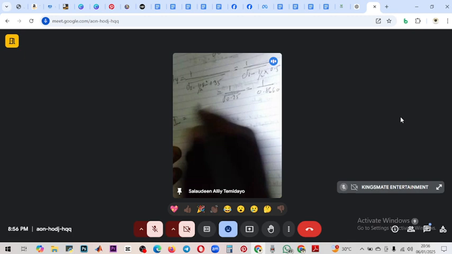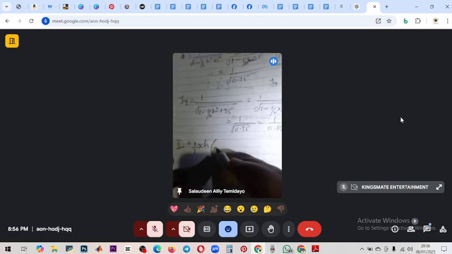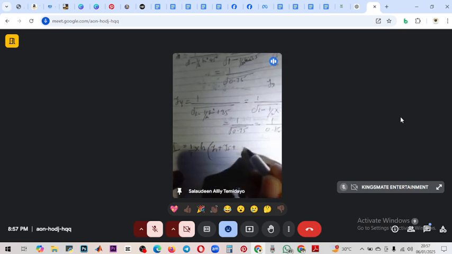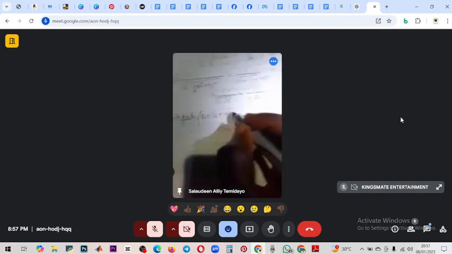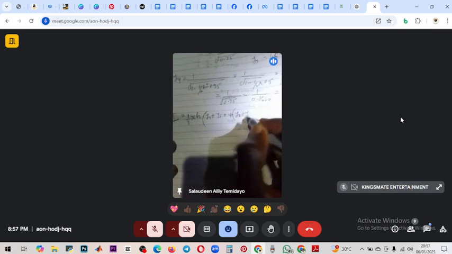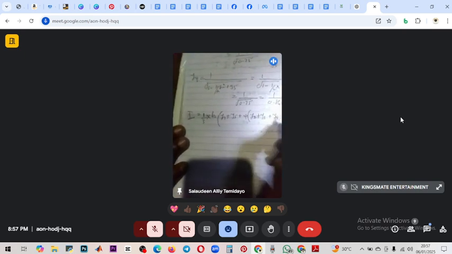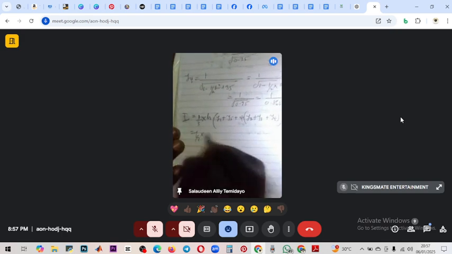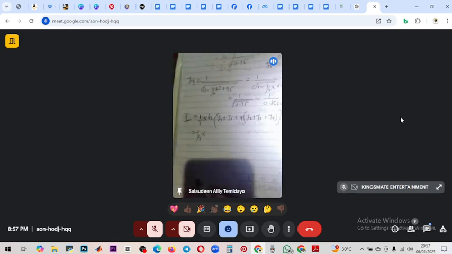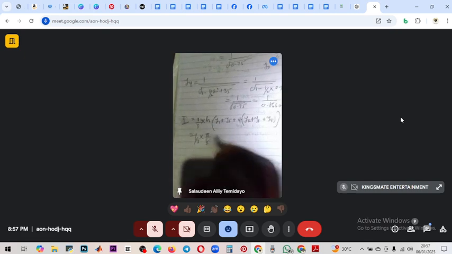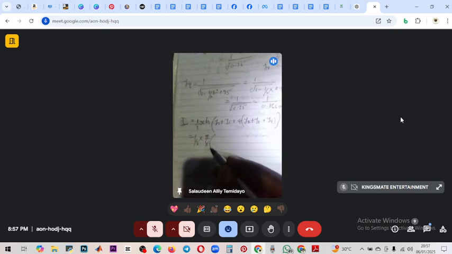The integral is equal to 1 over 3 times the common difference h, which is pi over 8, open bracket, y1 plus y5 plus 4 times y2 plus y3 plus y4. You write it there, pi over 8.